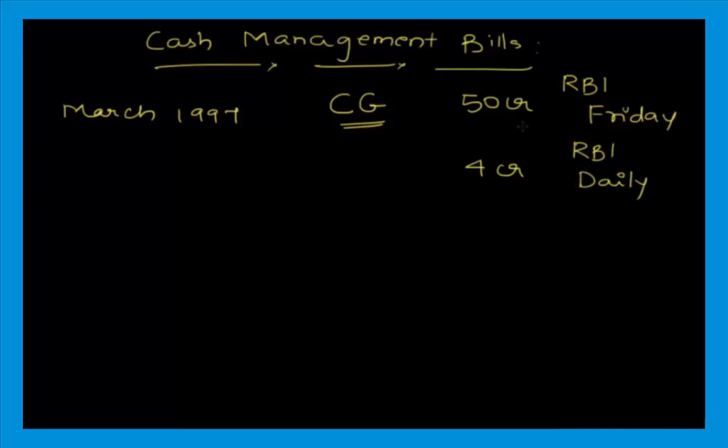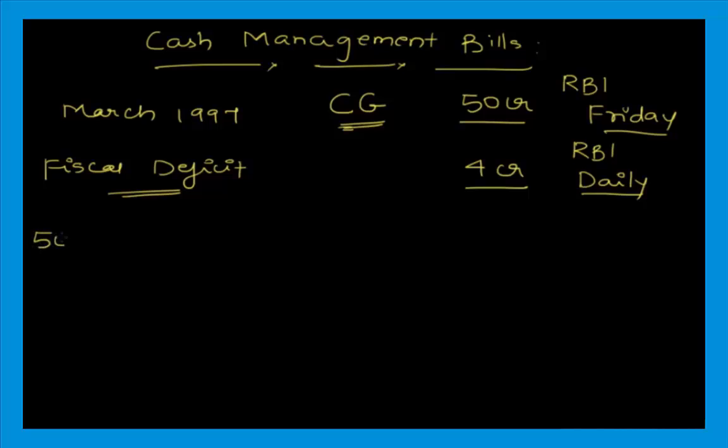Now, this balance of 50 crore rupees and 4 crore rupees, which was expected to be maintained by the central government with RBI, was to make sure that if there is any emergency to do with our fiscal deficit, this fund will be used. Typically, the expectation was not met, and let's say on Friday RBI was expecting 50 crore rupees of balance from the central government, but only 40 crore rupees was maintained, and there was a deficit of 10 crore rupees in this fiscal deficit fund account.